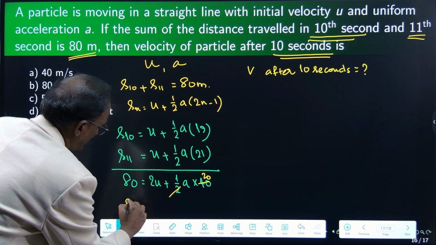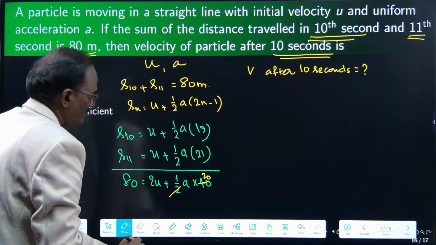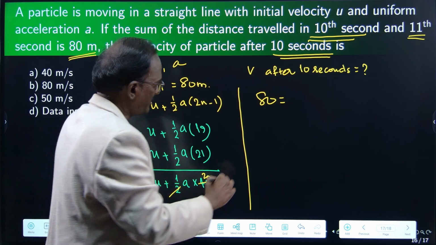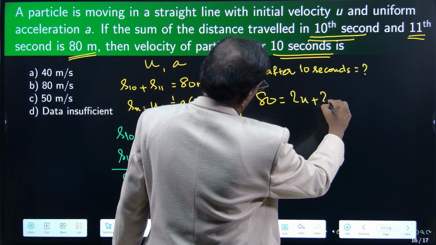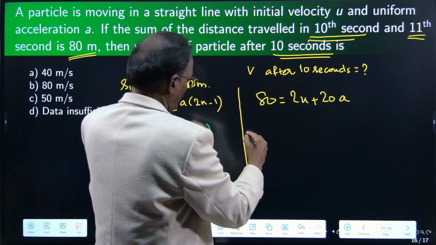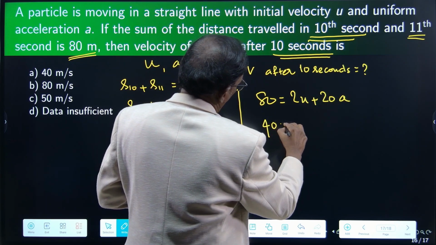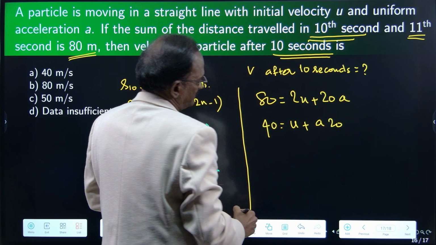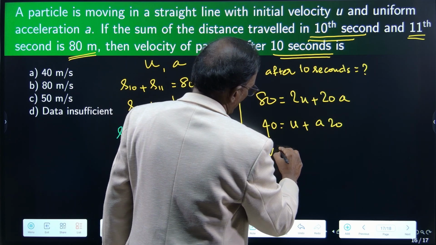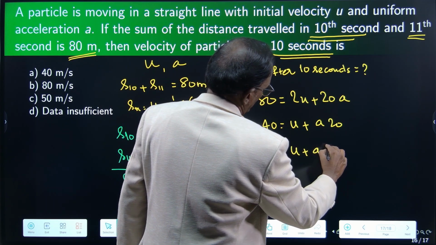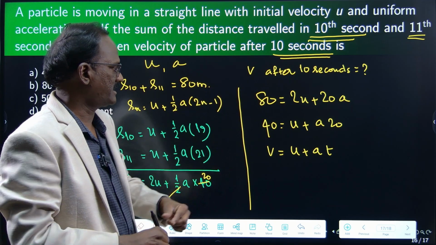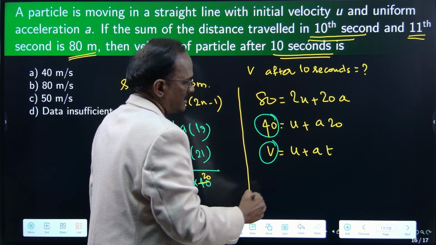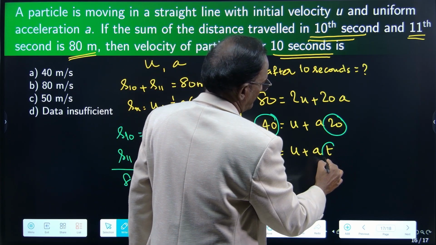So 80 is equal to 2u plus 20a. This can be simplified as 40 is equal to u plus a into 20. The general formula is v is equal to u plus at. The question is v after 10 seconds. So 40 is here in the place of v, and 20 is here in the place of t.